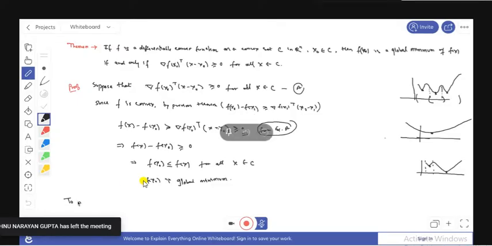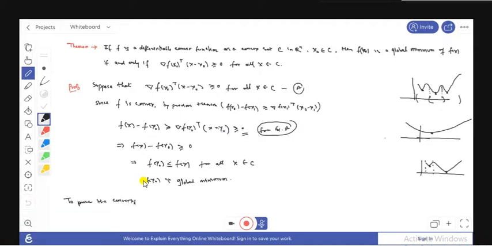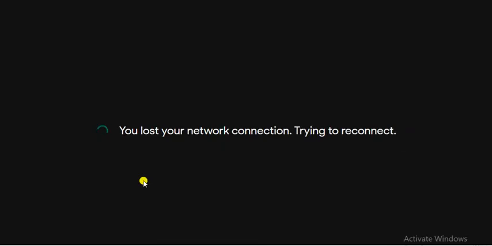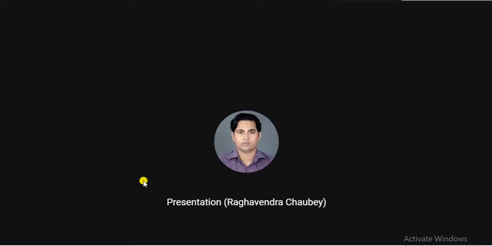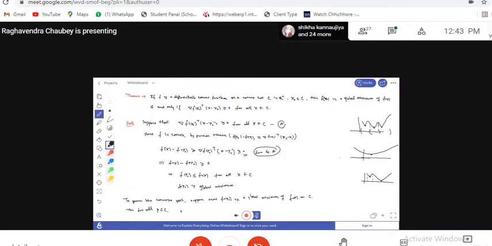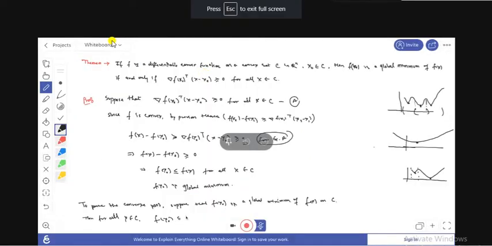Proof. We suppose that we take any x, then for all x this condition holds, because this is the global minimum.